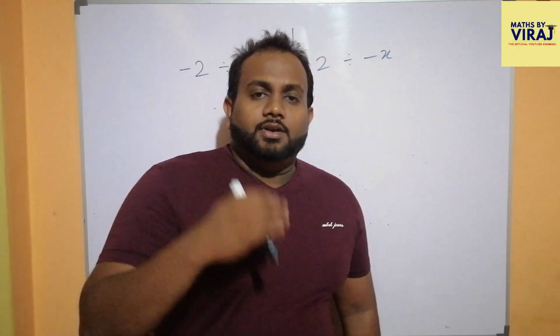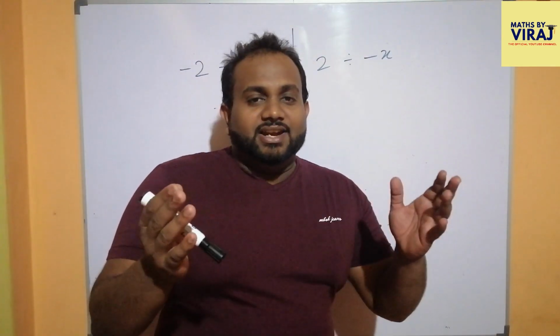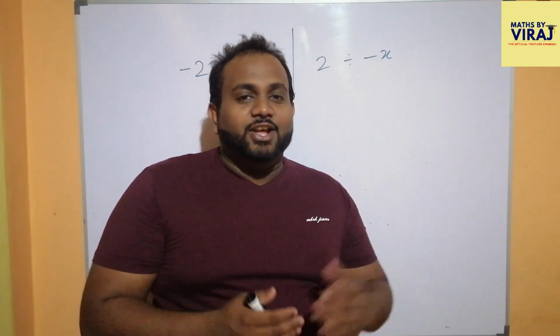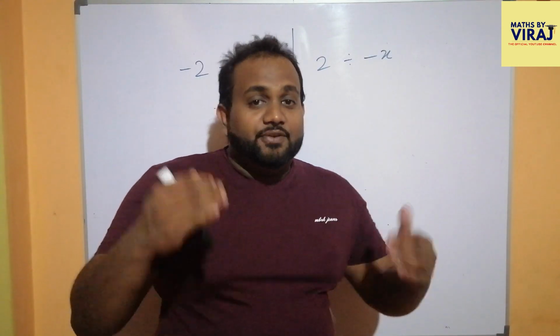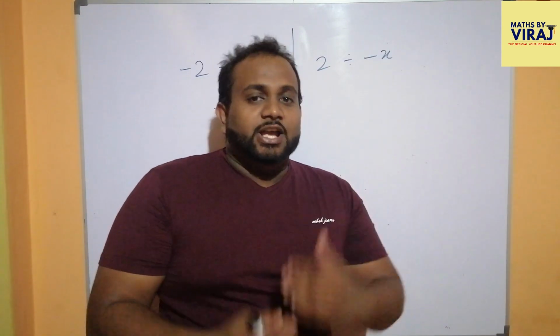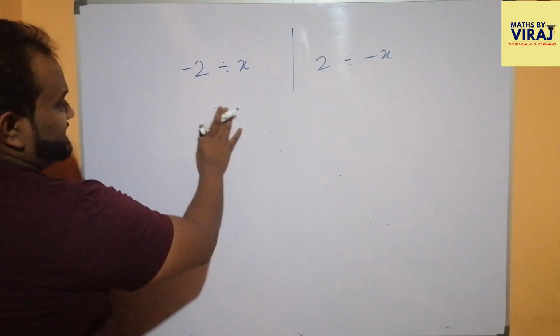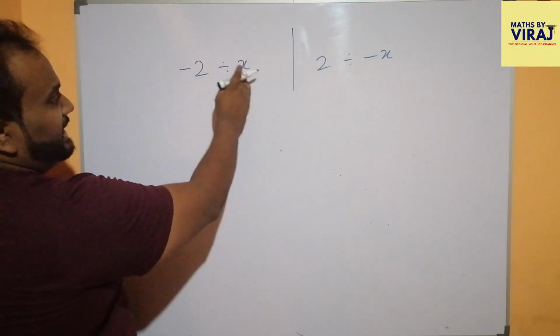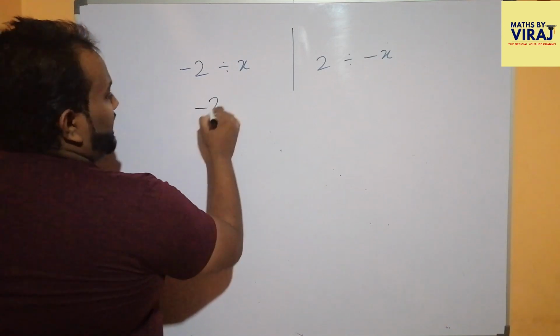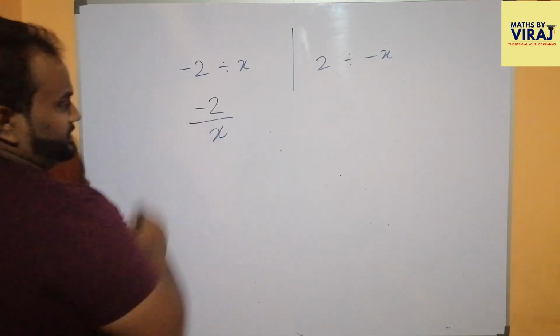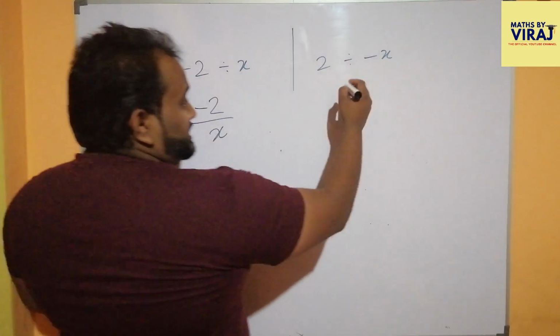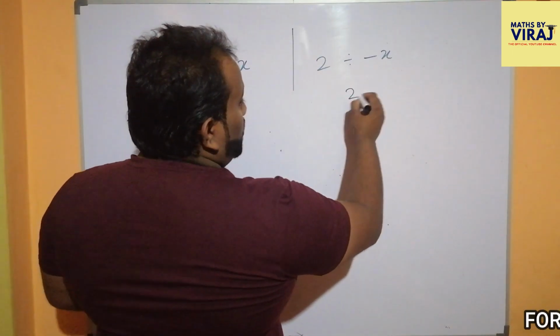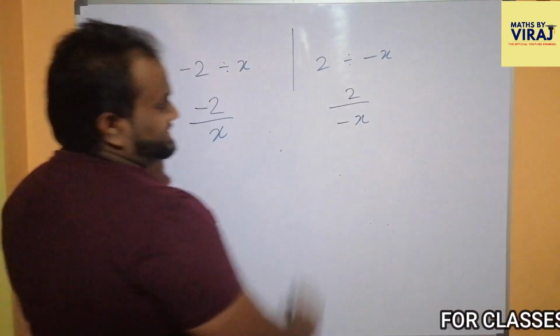Remember now, the number in front of the division mark goes as the numerator and the letter goes as the denominator. Now children, some children find it difficult to write certain numbers when divided with negative numbers in the form of a fraction. For instance, minus 2 divided by x, I can write minus 2 over x. But some children write this in the form 2 over minus x.